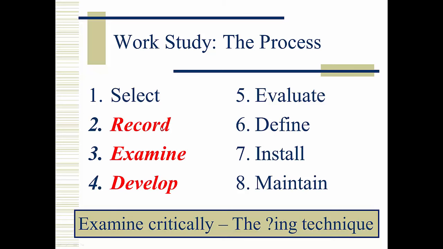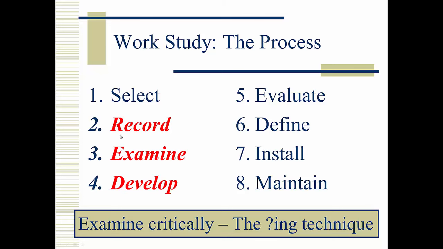We record data, summarize it into a Pareto chart, examine it, and then develop some options for improvement. We record data into an operations process chart, which is the 10,000-foot view. We examine what that data is telling us, how many inspections versus operations versus assemblies, and then develop alternatives to make improvements.